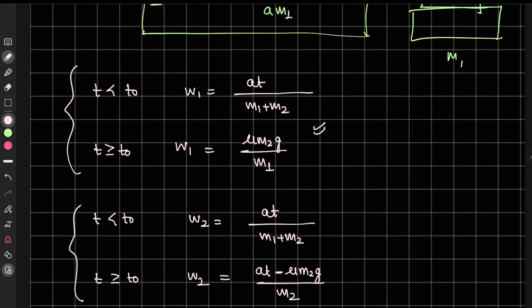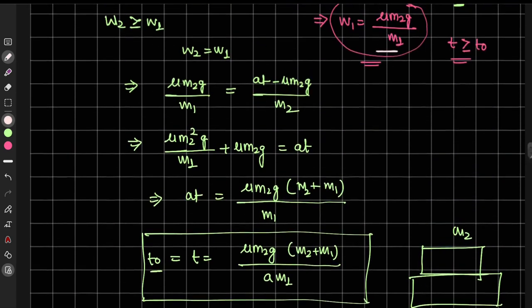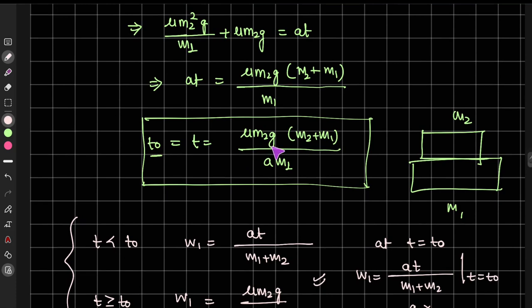m1. Let us find out whether both the accelerations are equal at time t is equal to t naught. So if we substitute t is equal to t naught, we can write w1 is equal to at whole divided by m1 plus m2. From here we get a times t naught, which we have found out here, that is mu m2g times m2 plus m1 upon a m1.